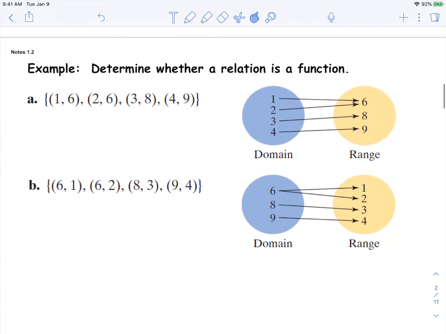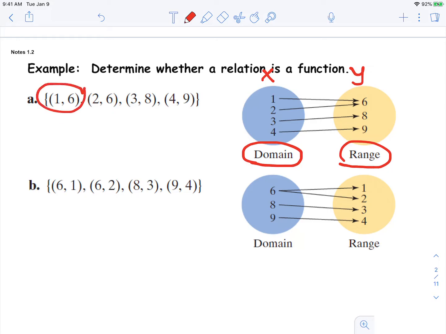So here's an example, A, of a mapping set of ordered pairs. We have our domain and then our range, our x and our y. So this ordered pair here, 1 to 6, 2 to 6, 3 to 8, and 4 to 9.